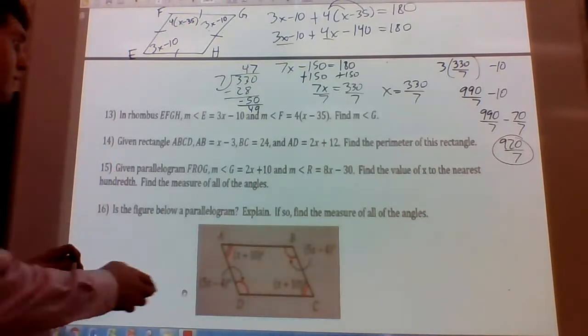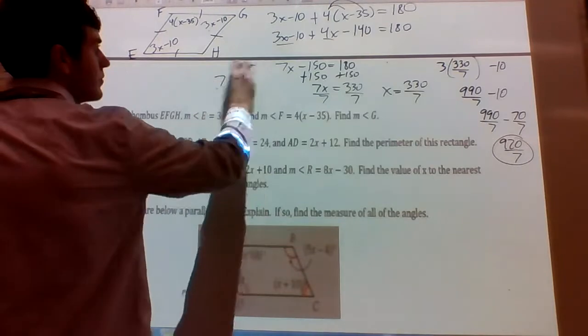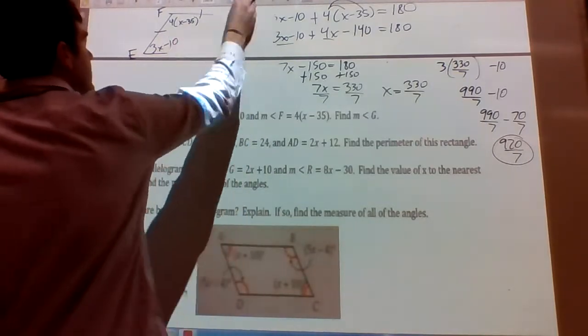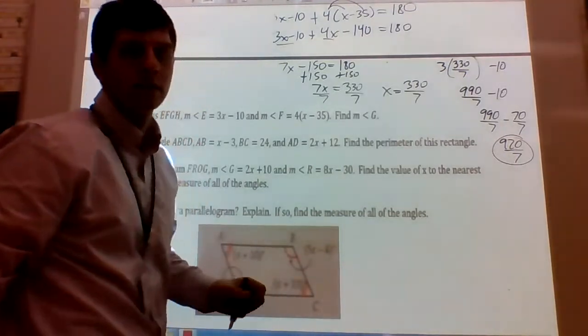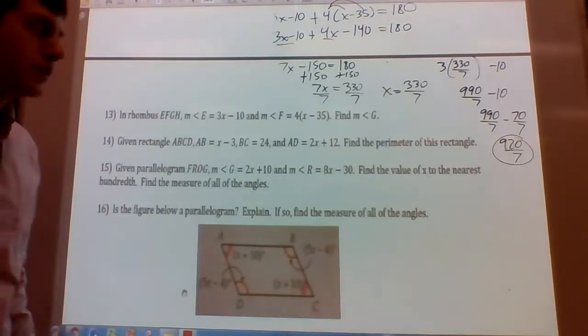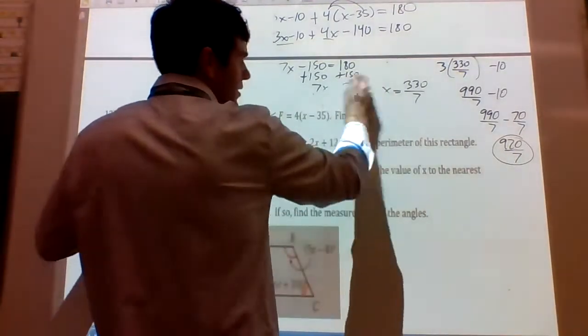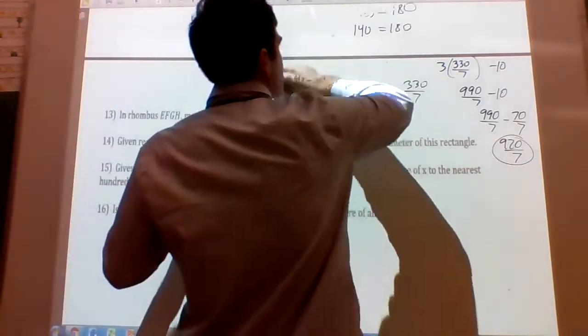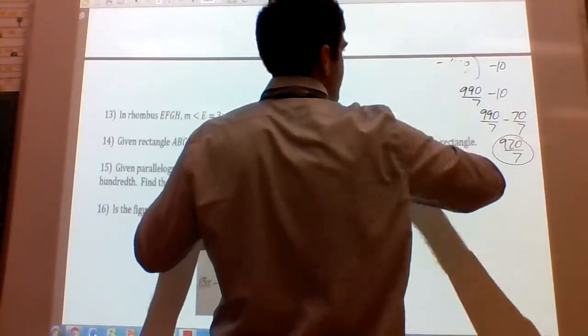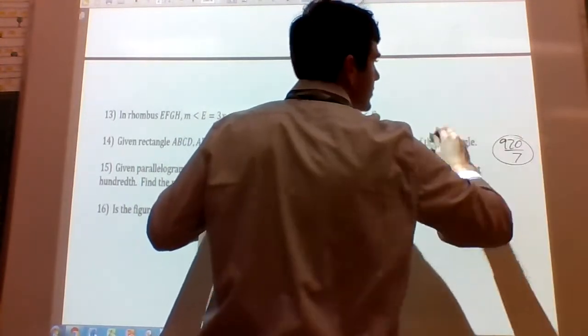Okay, 14, we have a rectangle. See, I think that's the process you guys should take when you get a decimal, because you always ask, can we get decimals, can we get fractions? The answer is yes, you can, but it's not very likely. Usually these problems are going to work out to be even numbers. Again, I haven't done this problem yet, so I expected an even number. We didn't get an even number, so I double checked.